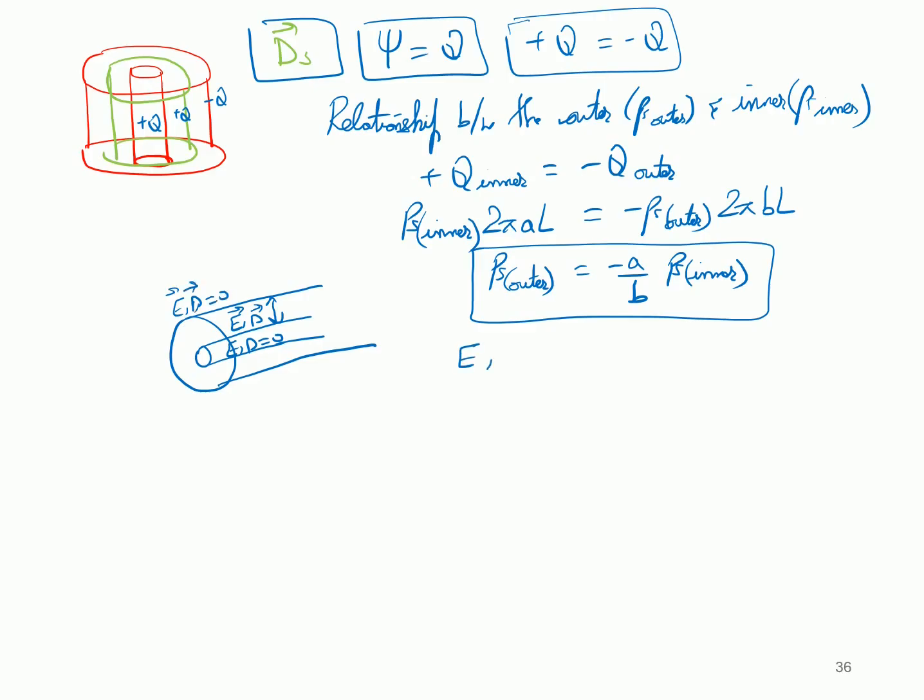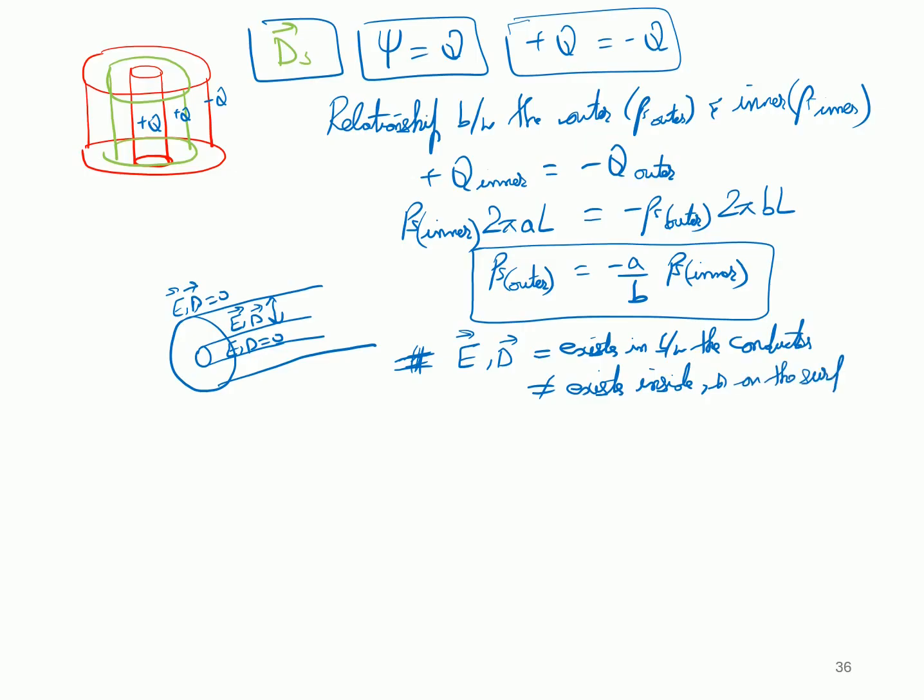So the E field and D field are only going to exist in between the conductors, and they are not going to exist inside the conductor or on the surface of the conductor. This is an important point to remember.